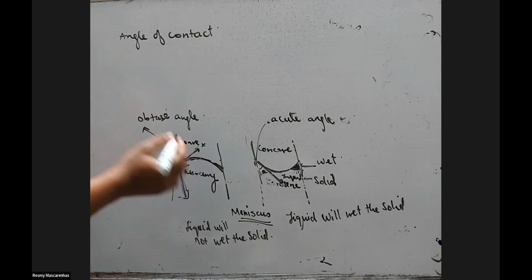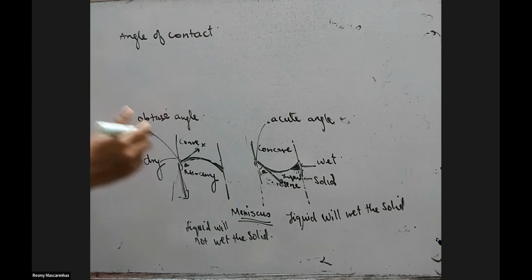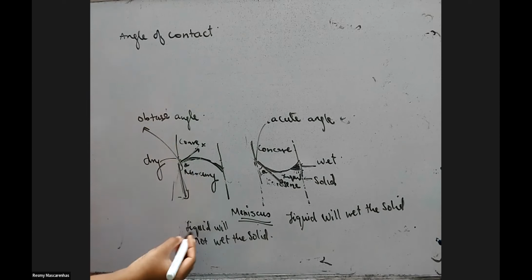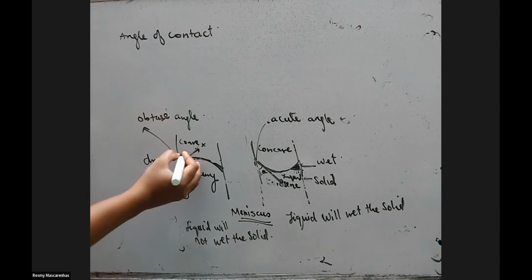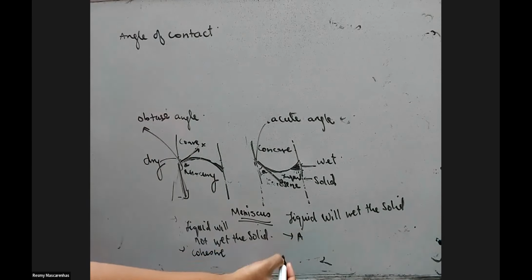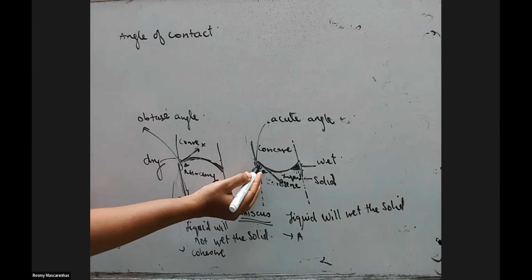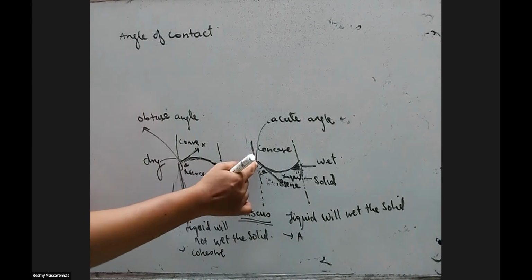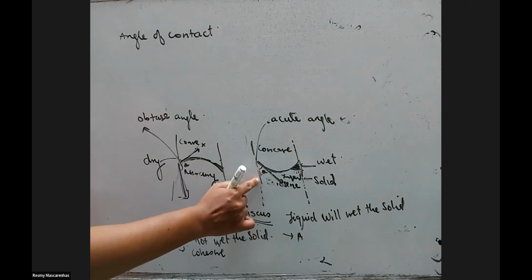Here, which forces are there? Here, these are cohesive forces. They will attract among themselves, and this will be more of adhesive forces. Adhesive means going and sticking to something else. They will go and stick to the other material.